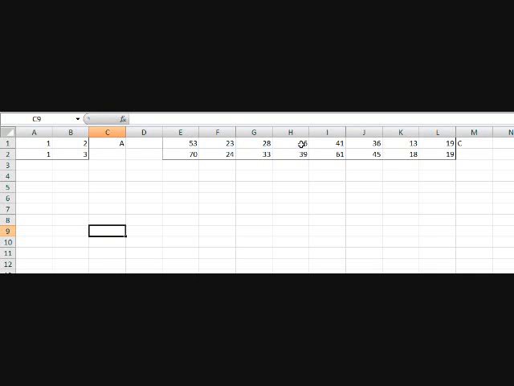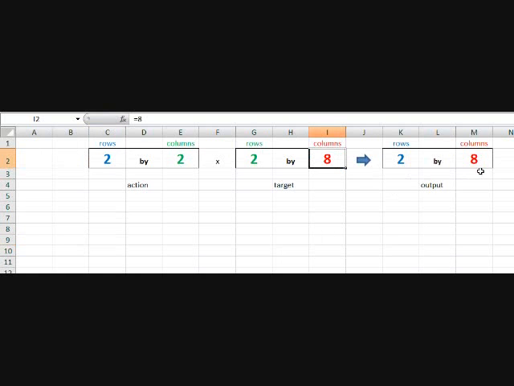Through the methods of inverting matrices, if we can invert the action matrix and multiply it by the output, it will give us our target, and then we'll be done. It's that simple. But remember, our output is a 2 by 8, so that means our target has to be a 2 by 8.